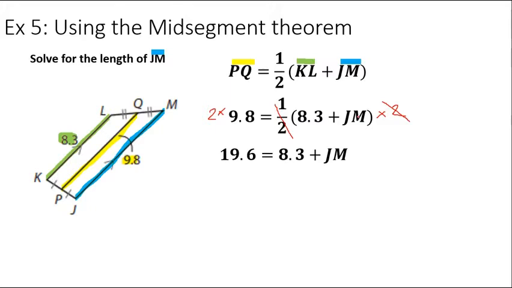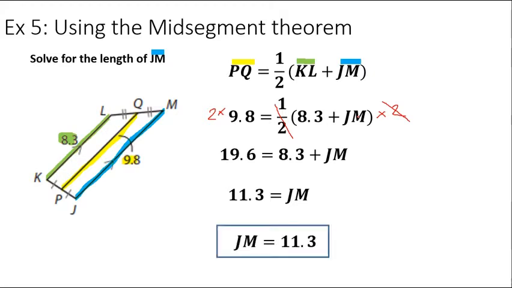So all I do now is just subtract 8.3 from both sides. So I get JM is equal to 11.3. That's my answer right there. So that means that JM right here is 11.3.